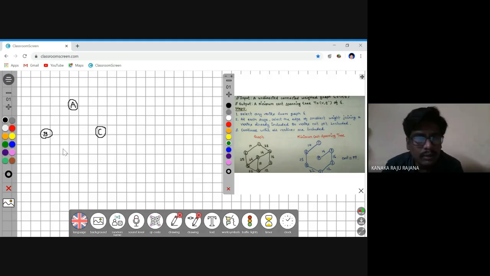Now, let us say this is my node point or vertex, or else we can define this as a node also. And let us assume that this is another node called E. This is another node called F. And this is another node called G. So now I am going to make my undirected connected graph.